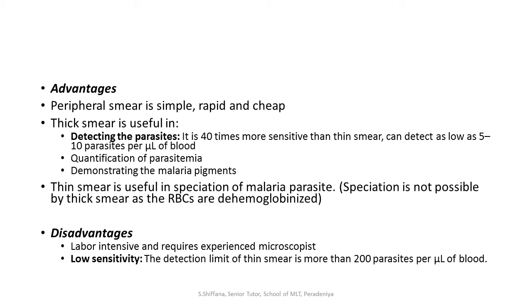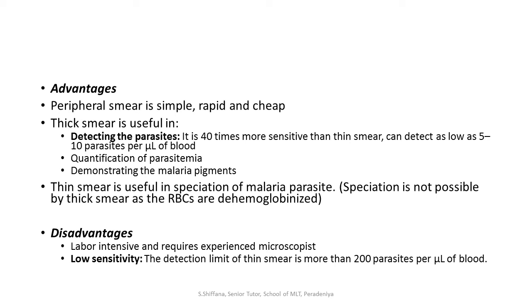The thin blood smear, we normally use to differentiate or identify the species by using the morphology of the RBC. We already discussed the morphology of the RBC and the species earlier. Disadvantages here: the blood smear is labor intensive, that means it takes more time.